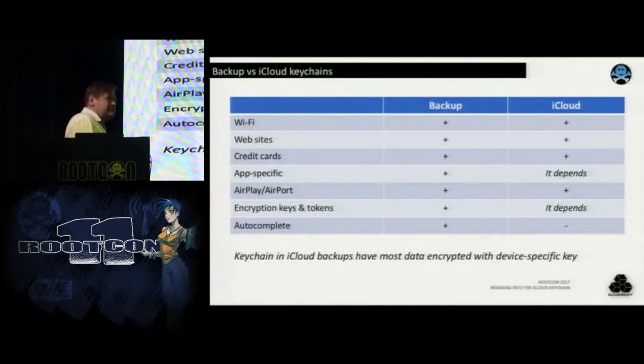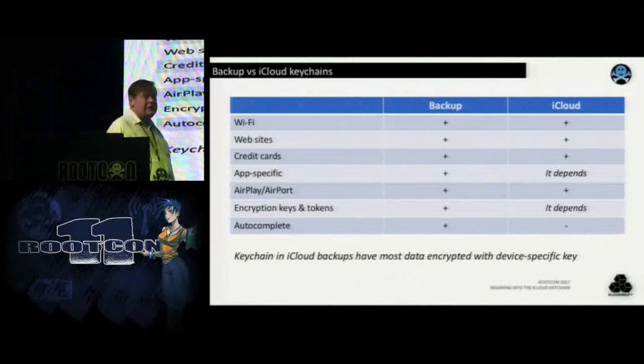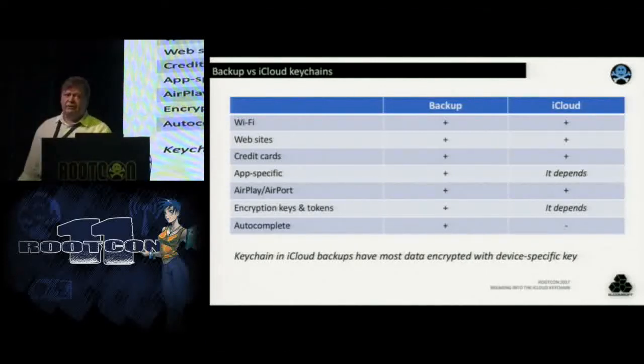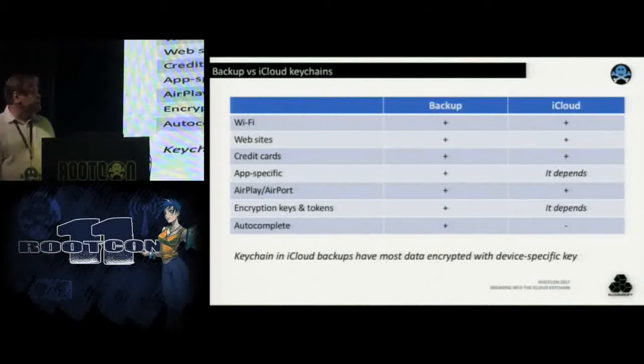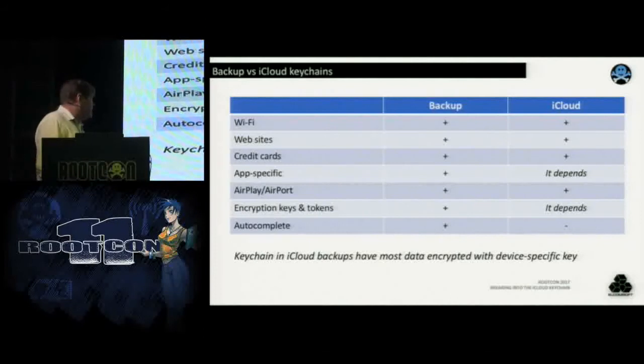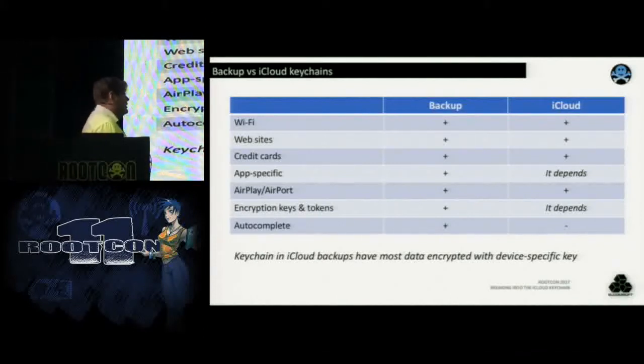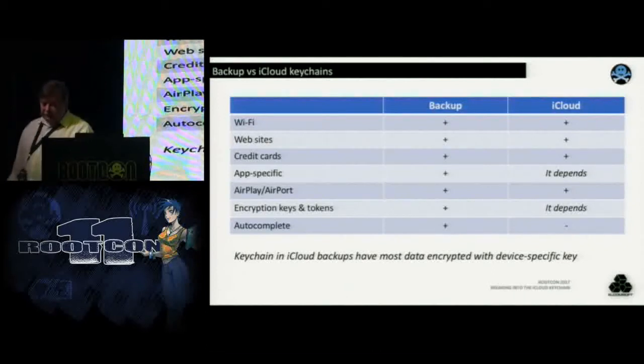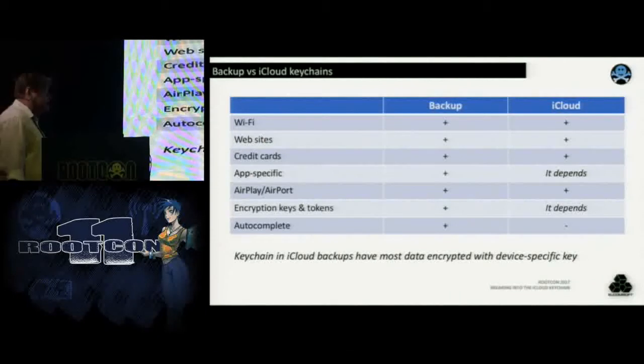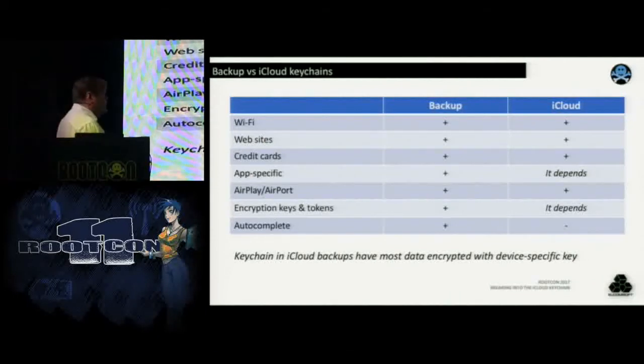Application-specific passwords and data are almost always in the local keychain only and not copied into the iCloud keychain. As for encryption keys and tokens, it's about the same: only in the local keychain and not copied into the iCloud. And autocomplete data, which may also contain some interesting data, is also not copied to the cloud.